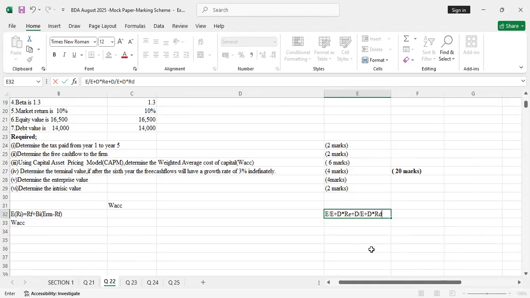But that cost of debt is attached to a tax rate, so we say 1 minus T, which is the tax rate.